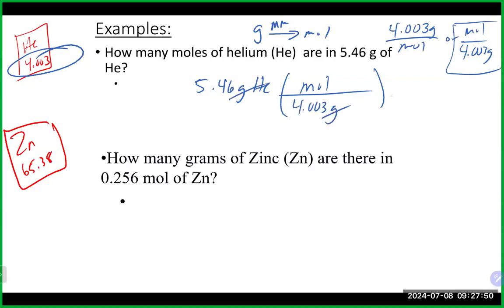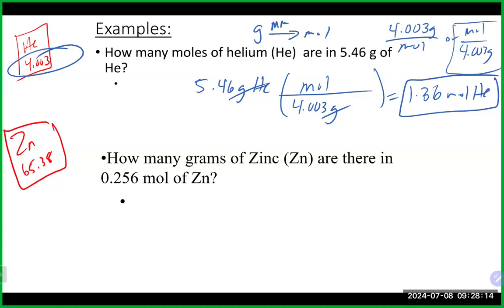Our grams here are going to cancel, and we will end up with 5.46 divided by 4.003. It's going to give us 1.36 moles of helium. Once again, no mention of molecules or particles, so we don't need to use Avogadro's number. Any questions on that one there?